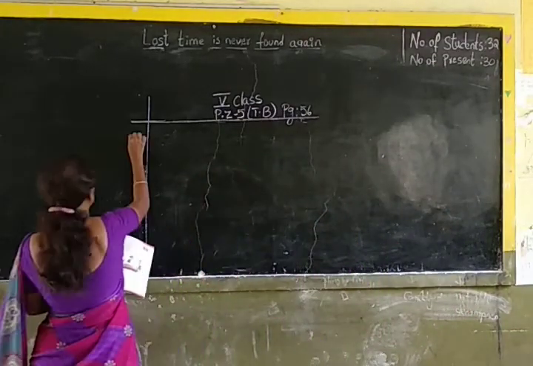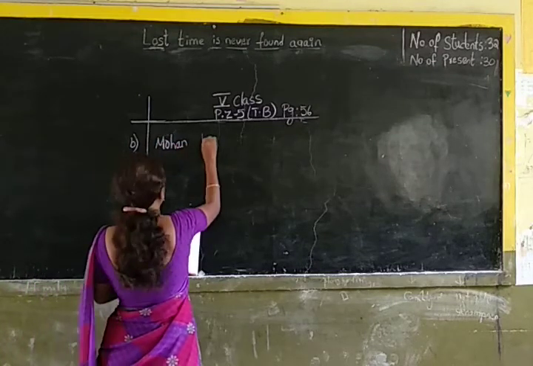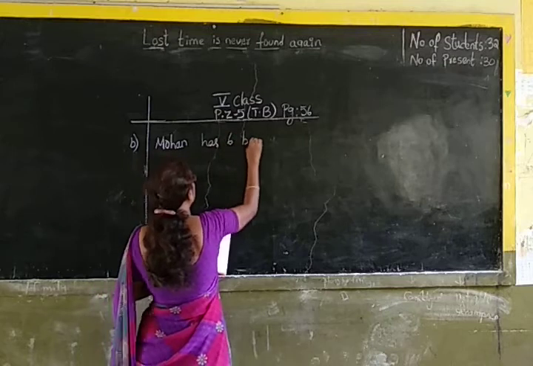So what is the second question? Mohan has 6 balls.